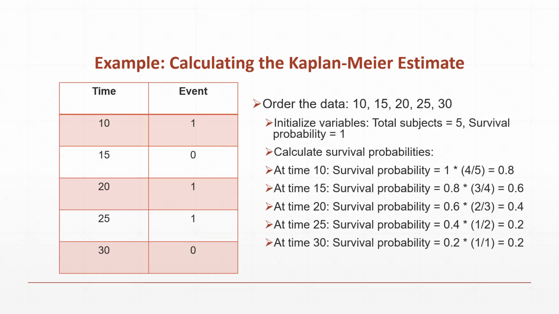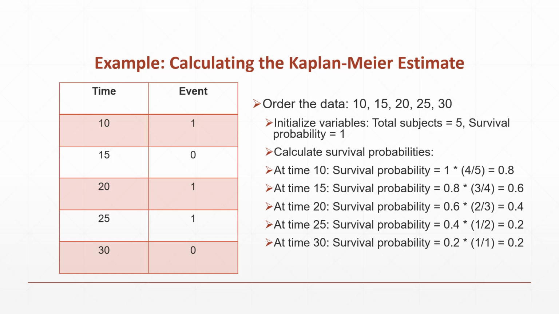As we iterate through the data, we calculate the survival probability at each event time, considering the number of surviving individuals at that specific time point. The resulting Kaplan-Meier estimate produces survival probability at different time points.